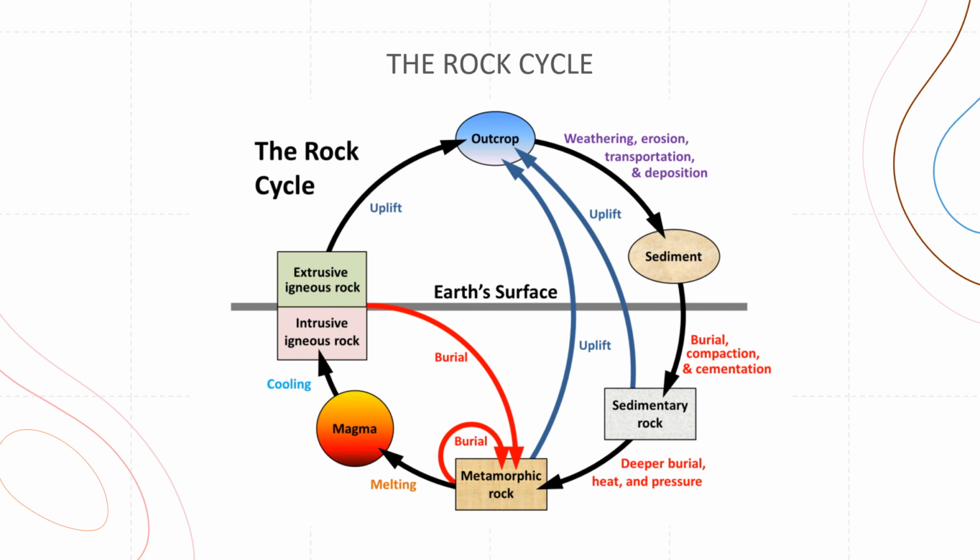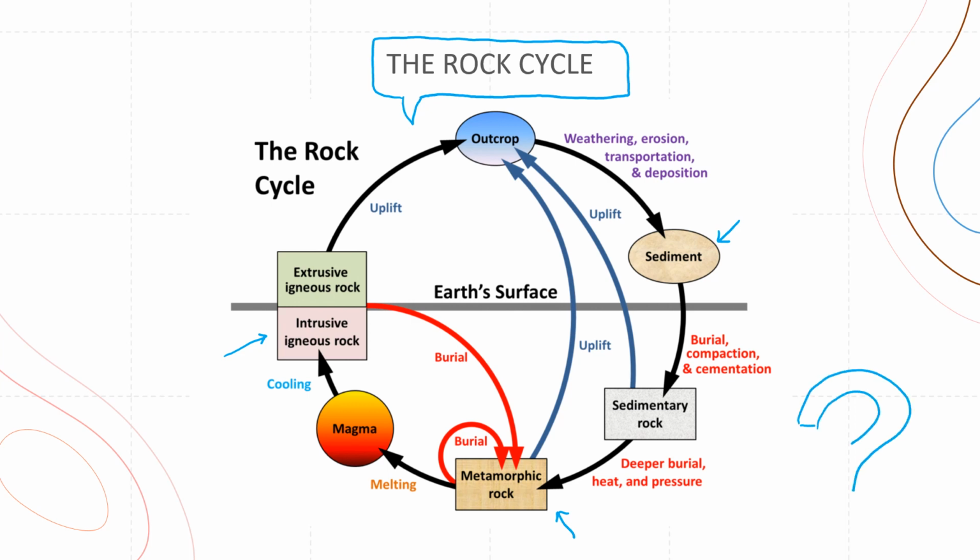Okay, so before we move even further, let's talk about the rock cycle for a moment. So you've probably come across the rock cycle before at some point in your degree, and if you're looking at it now, you'll realize that the different types of rocks and their processes are closely interconnected. So the question is, what are the limits to metamorphism? Where does metamorphism start and end?